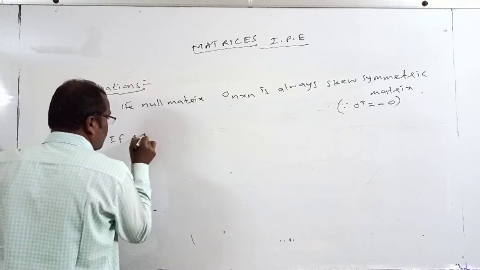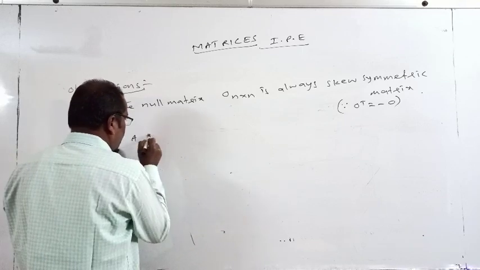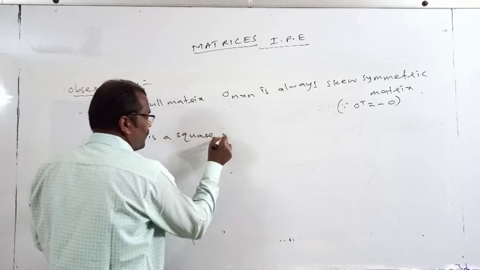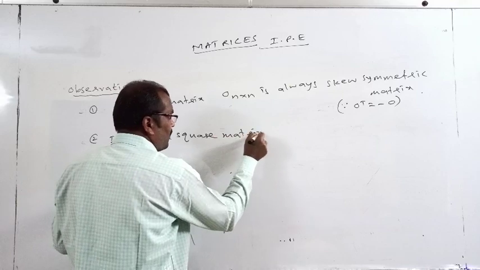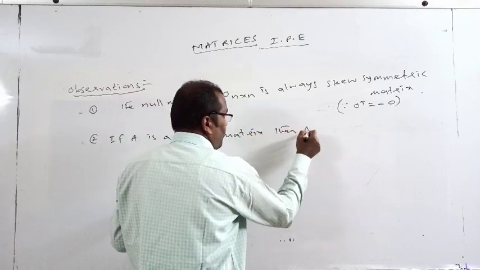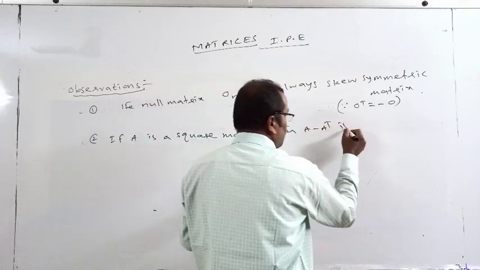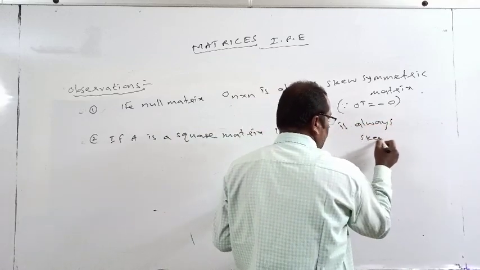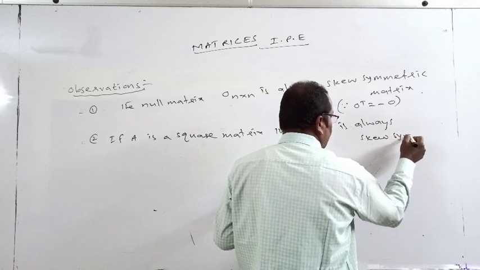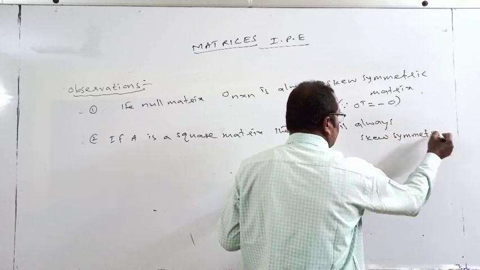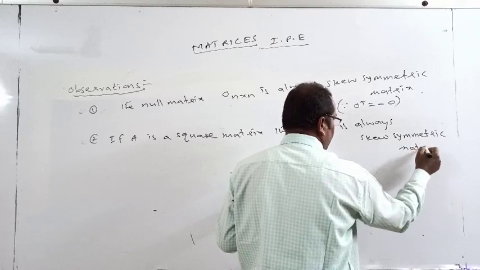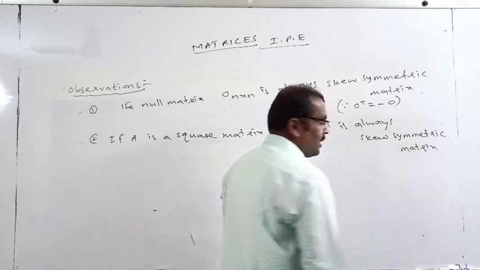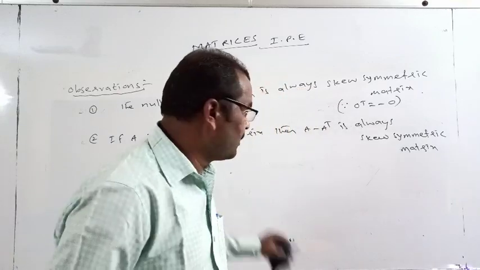Number 2. If A is a square matrix, any square matrix, then A minus A transpose is always a skew symmetric matrix.